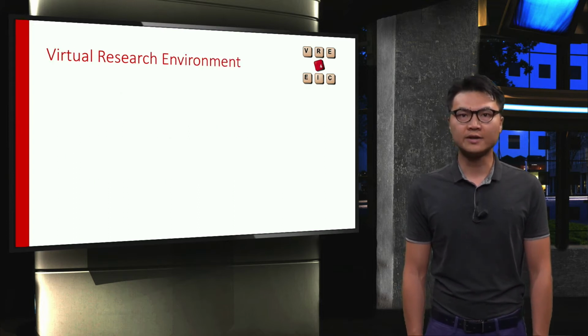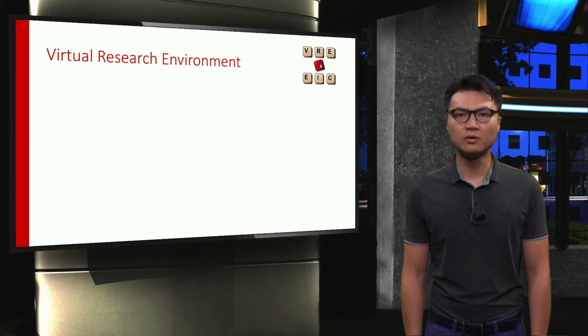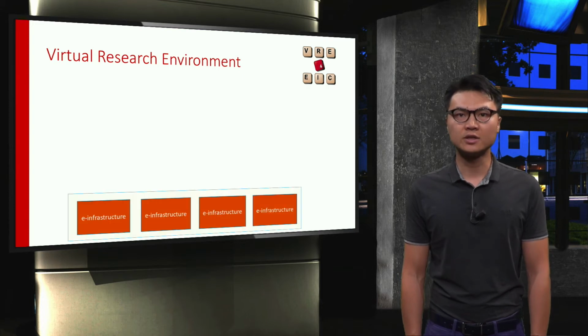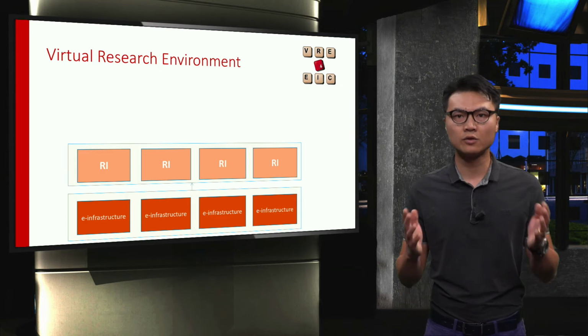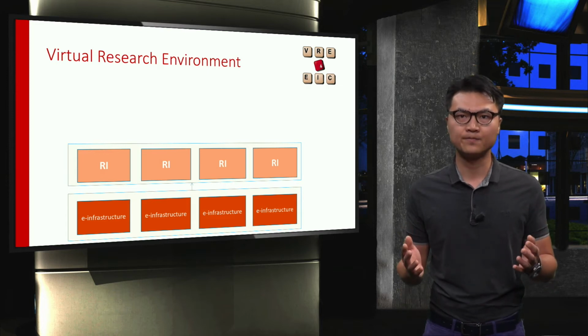According to Zoudwijk and Jeffrey, VREs consist of three major components or layers. E-infrastructures provide information and communication technology facilities. E-research infrastructures provide datasets, software, and computing resources.